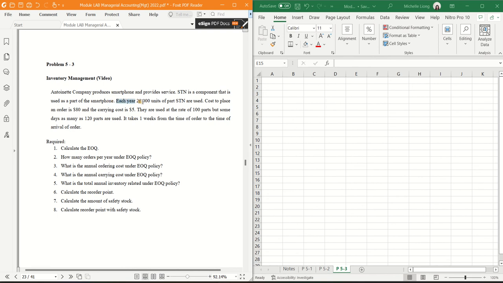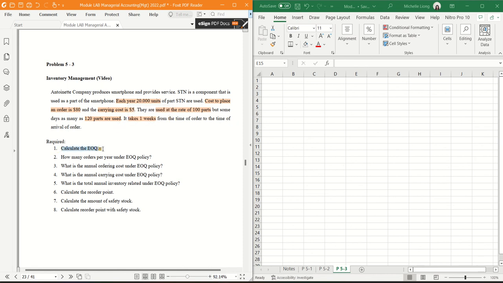And each year, 20,000 units of part STN are used. Cost to place an order is $80 and the carrying cost is $5. Remember that this is per unit. They are used at the rate of 100 parts, but some days as many as 120 parts are used. It takes 1 week from the time of order to the time of arrival. So this is the lead time.